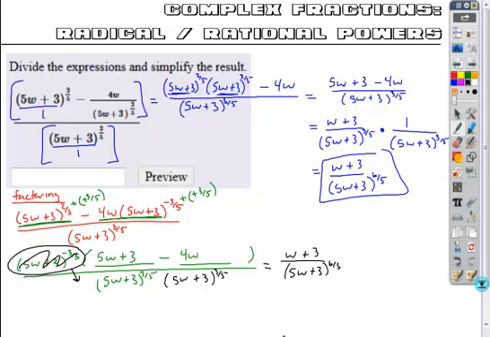Add them, and notice I get the same answer. Now, technically I wrote a little bit less when I factored. At the same time, it took a little bit more understanding to work through that as factors. But you can do that with both the radicals and rational powers.